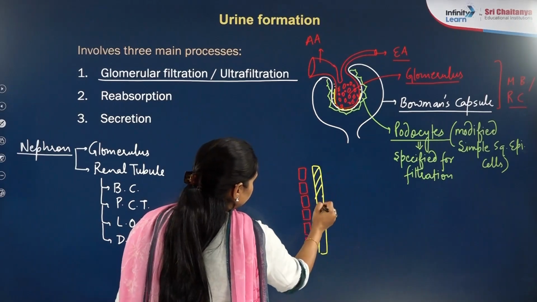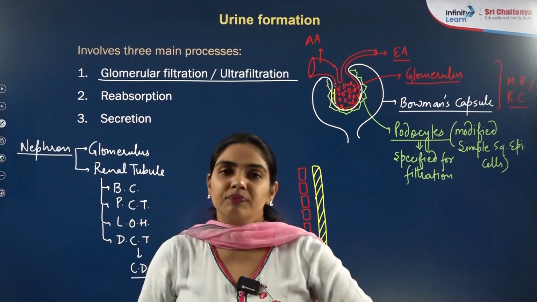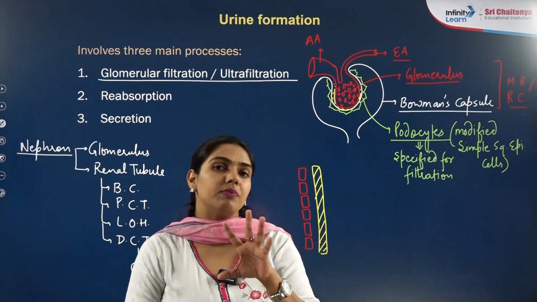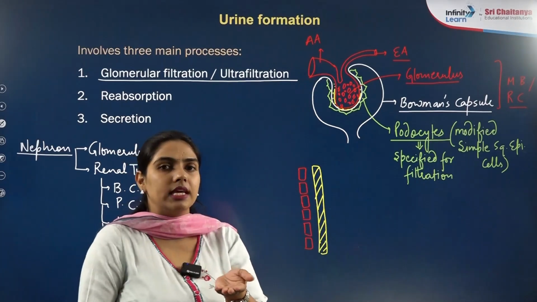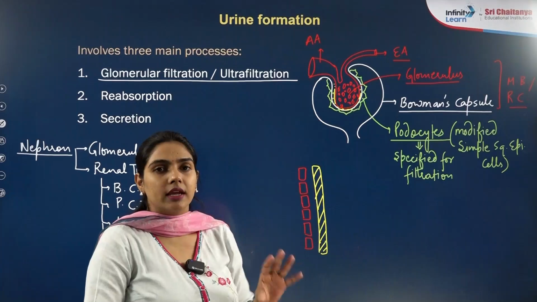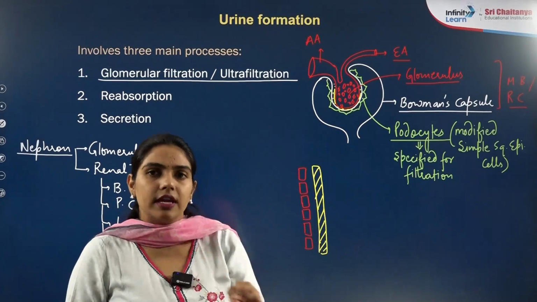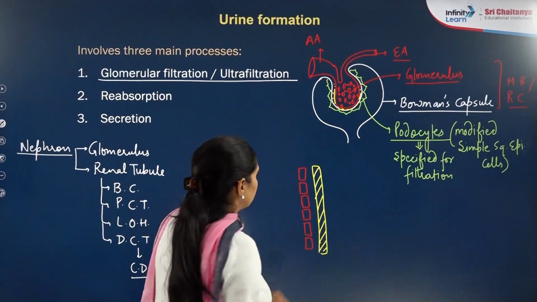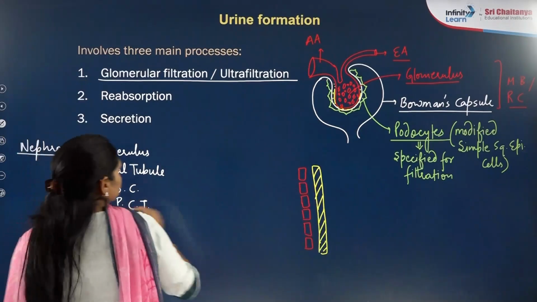Do you know that basement membrane is present below every epithelium? Epithelial tissue can never be present without basement membrane. So this is endothelium, this is basement membrane, and then I have told you the podocytes.